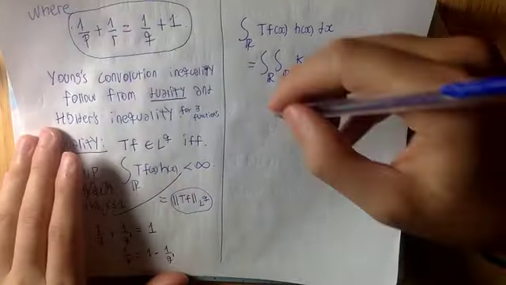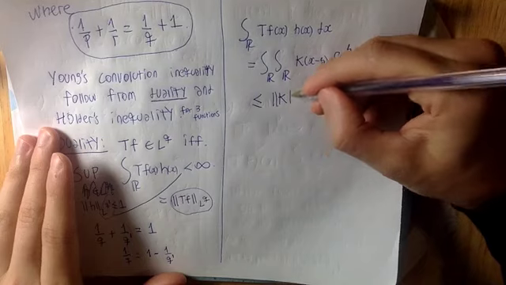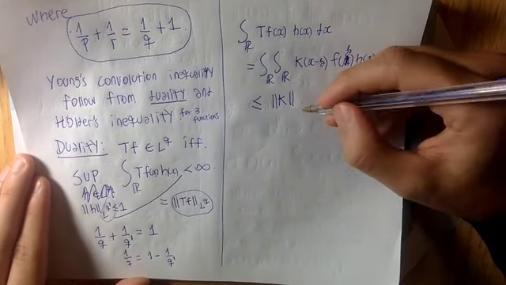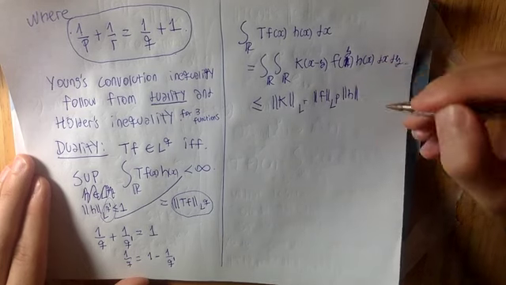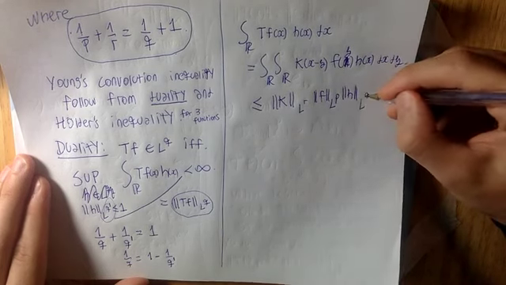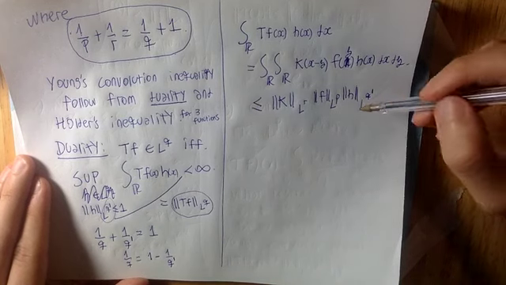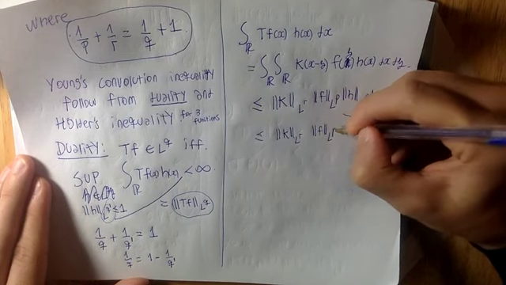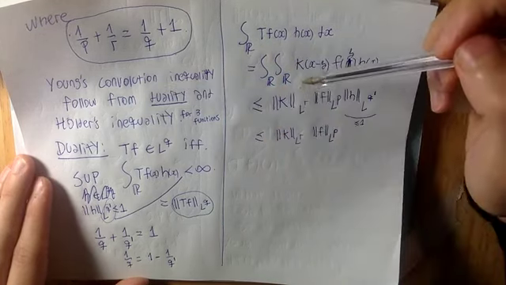And what we're going to show is that this is less or equal than the norm of k in L^r, the norm of f in L^p, and the norm of h in L^q prime. In particular, if the norm of h is less or equal than 1, this is less or equal than the norm of k in L^r times the norm of f in L^p. So this actually shows Young's convolution inequality.